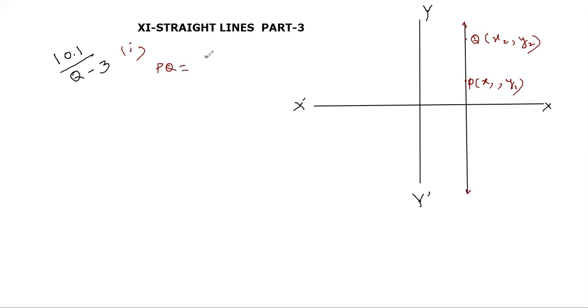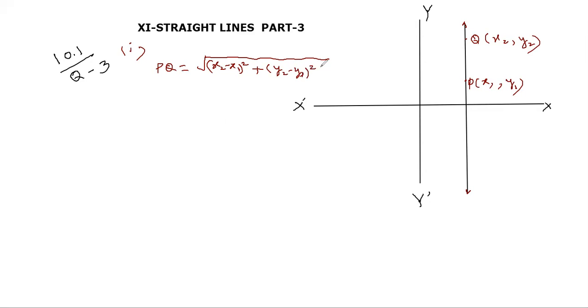PQ, the distance formula. What is the distance formula that we have learned in class 10th? Square root of x2 minus x1 whole square plus y2 minus y1 whole square.